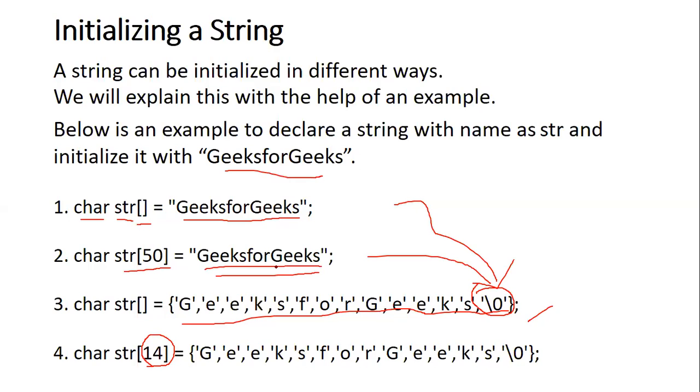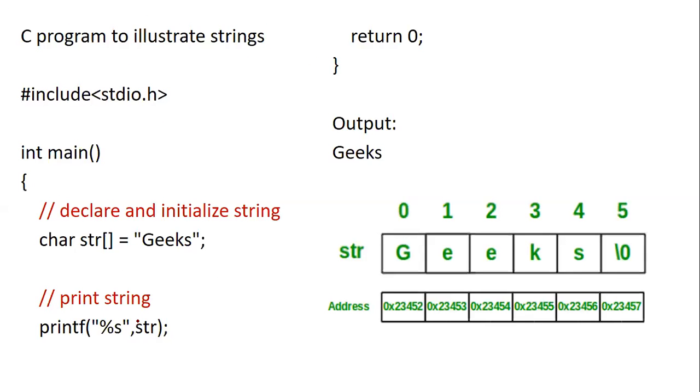It will be inserted by default by the compiler. In the same way, the fourth type is inserted. The difference between the third and fourth is that in the fourth we give the size of the array, and in the third we are not declaring the size, but both remain the same. Now we'll see an example of how to print a string.